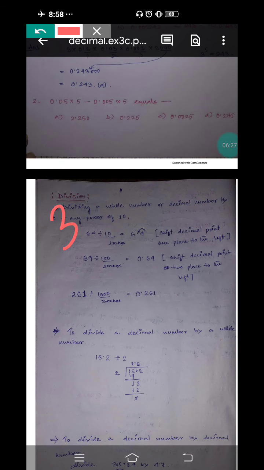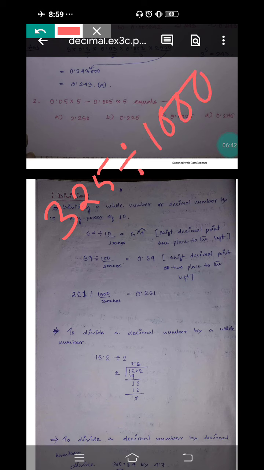Okay, one more example. Suppose you are going to divide 325 by 1000. Now tell me how many zeros are here? 3 zeros. First of all, tell me where is the decimal point here? 325 means 325.0, here is your decimal point.